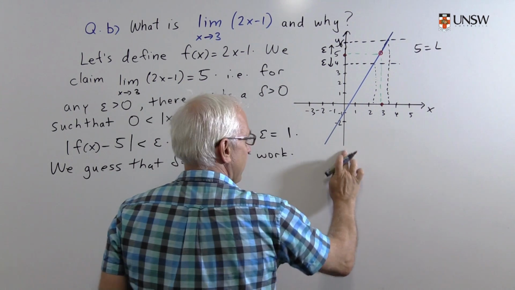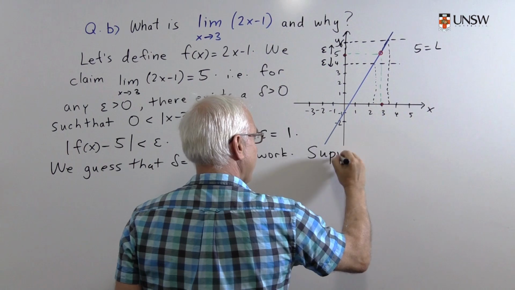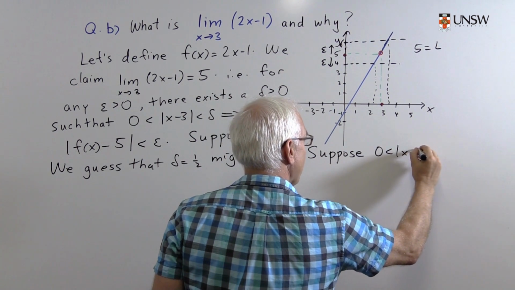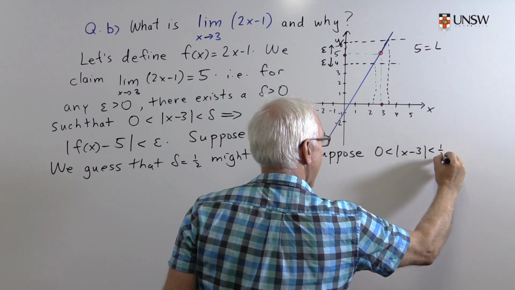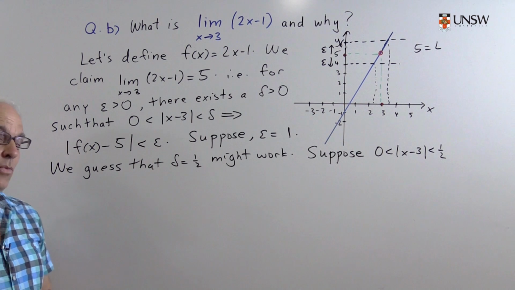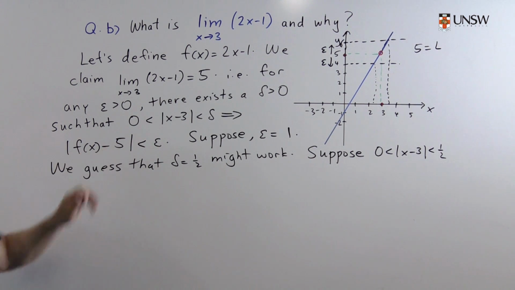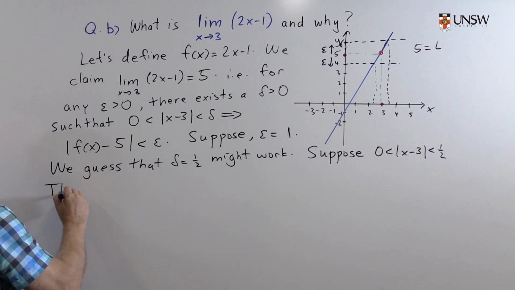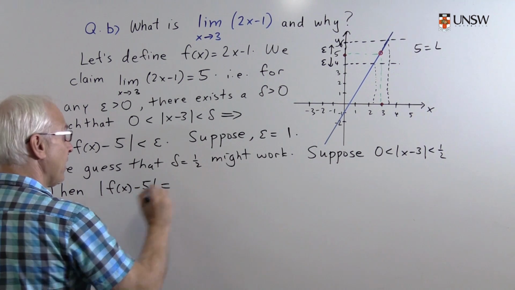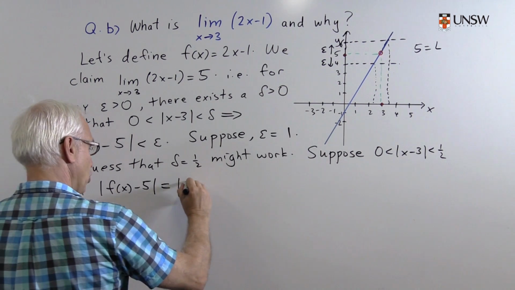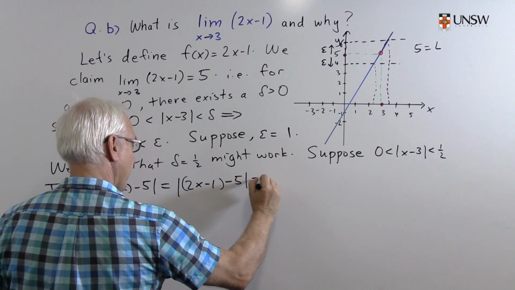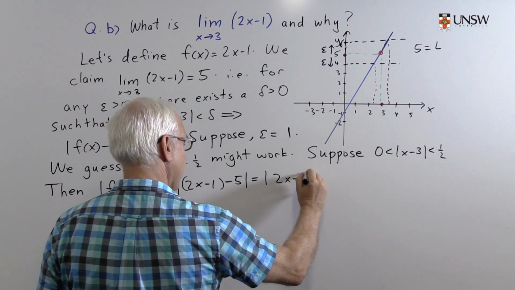So suppose that x is within a half of 3. Then what can we say about f of x minus 5? Well, what is f of x? It's 2x minus 1, subtract 5. So this is equal to 2x minus 6.